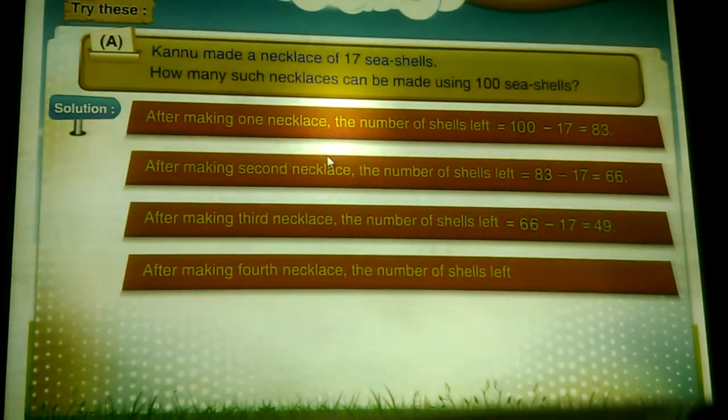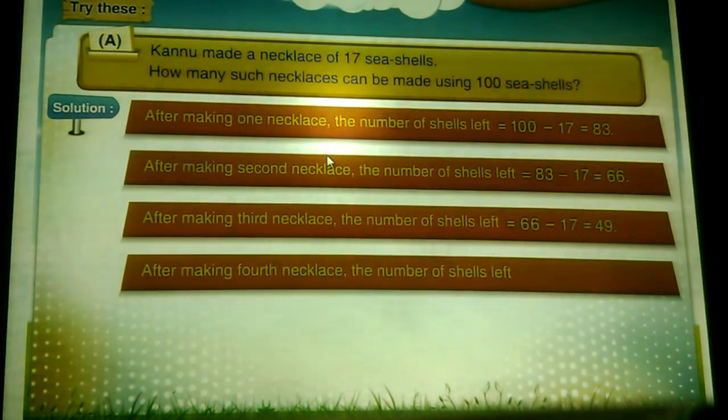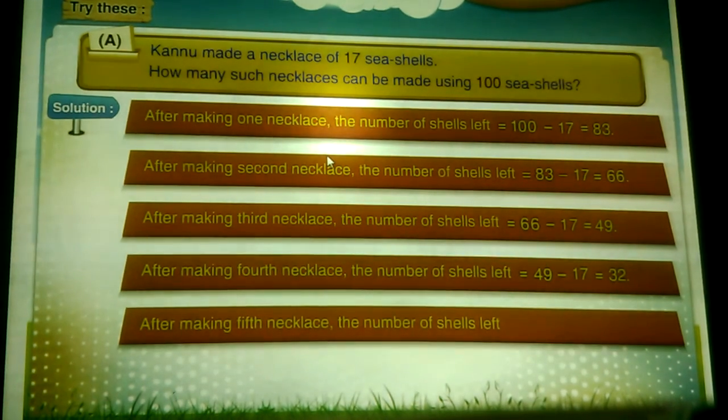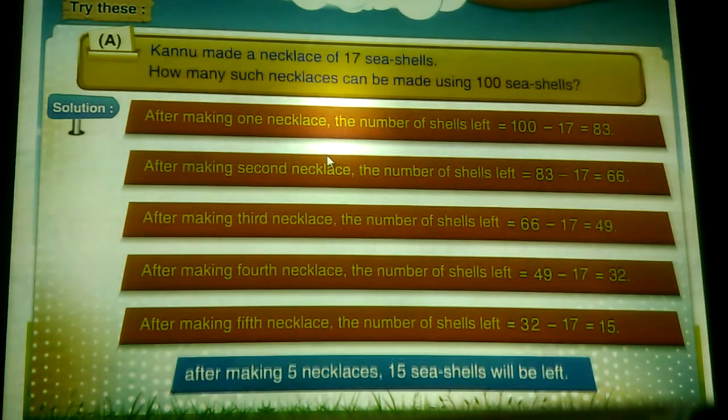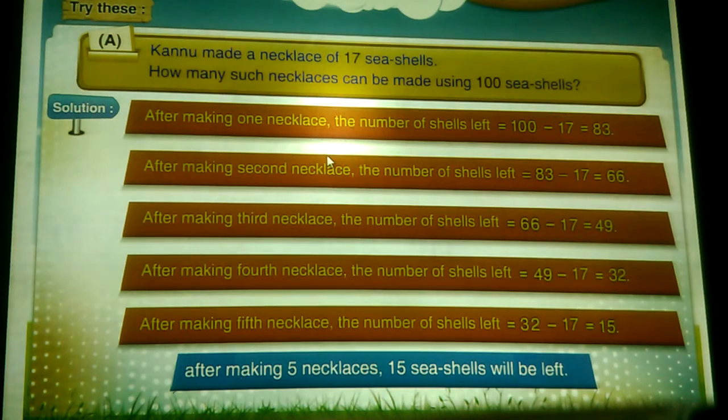After making the fourth necklace, the number of shells left is equal to 49 minus 17, that is equal to 32. After making the fifth necklace, the number of shells left is equal to 32 minus 17, that is equal to 15. So, after making 5 necklaces, 15 seashells will be left.